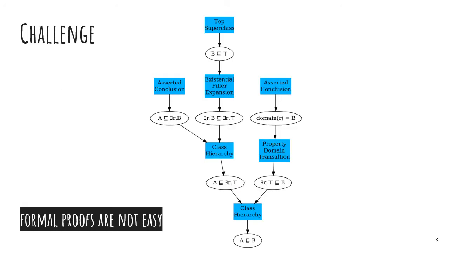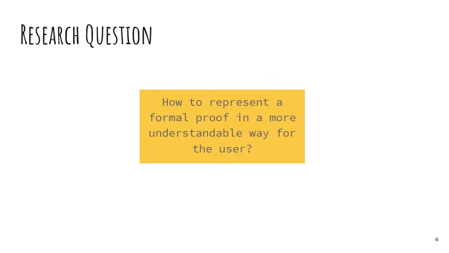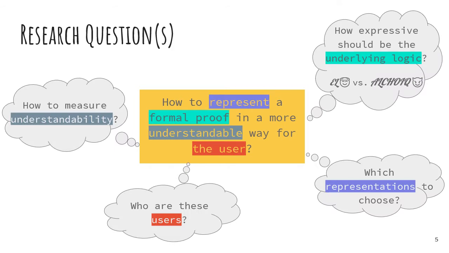We have a challenge here, as you see, a stereotypical example of a formal proof for A implies B. You see, giving an explanation is not equal to the user's understanding. So we came up with the research question: how to represent a formal proof in a more understandable way for the user, which we can divide into these sub-questions.